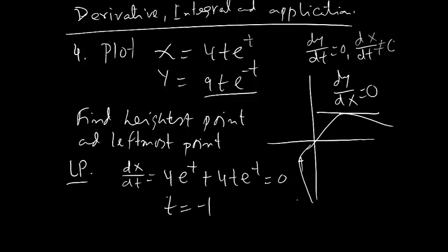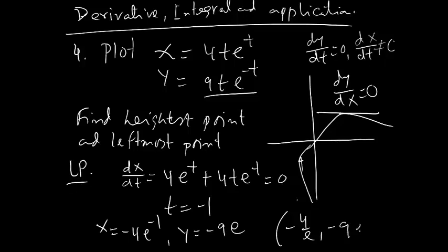You get 4 plus 4t is 0. So t is definitely negative 1. When t is negative 1, plug it there. You get x equals negative 4e^(-1), and y will be negative 9e. Okay, so the point is coming out as (-4/e, -9e). So this is the leftmost point.